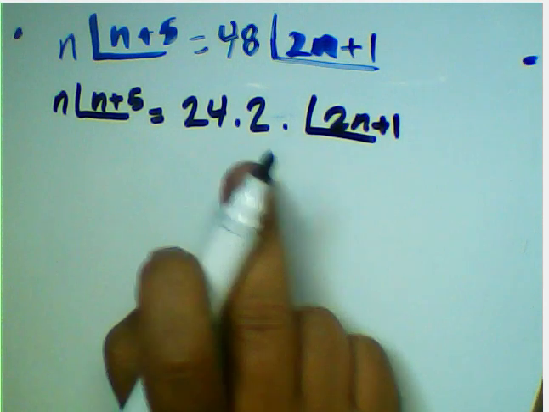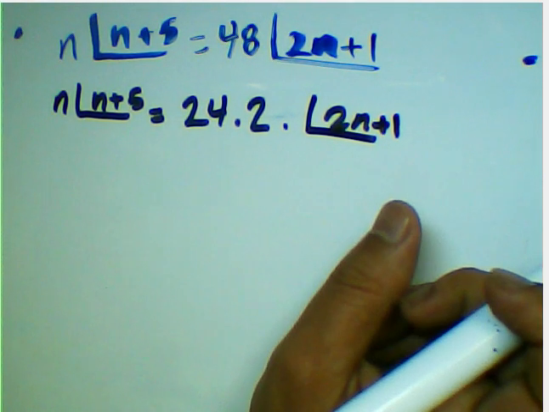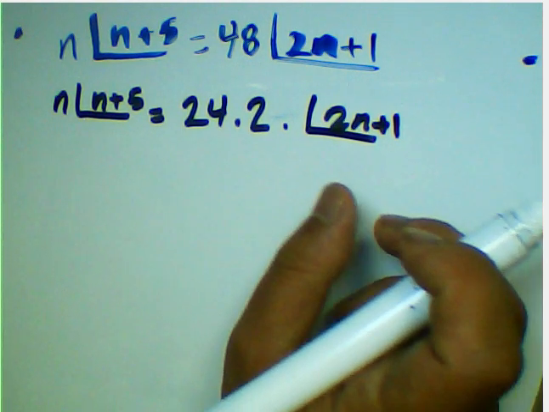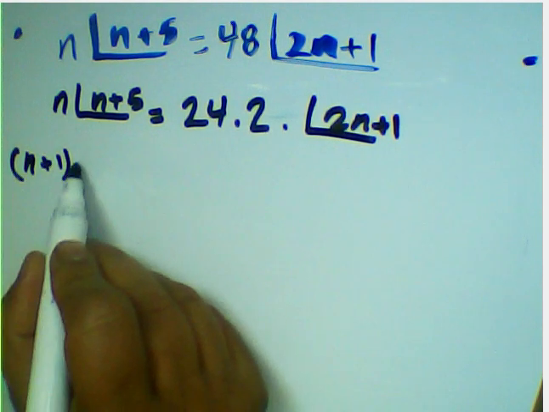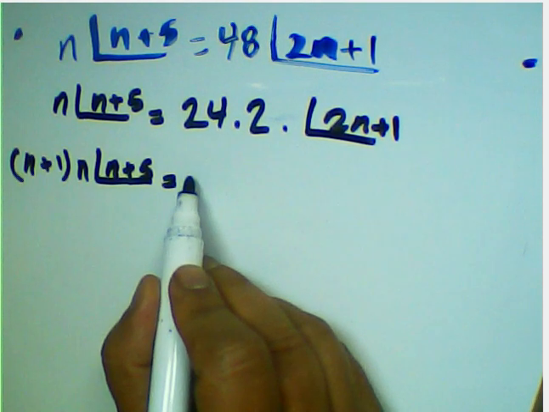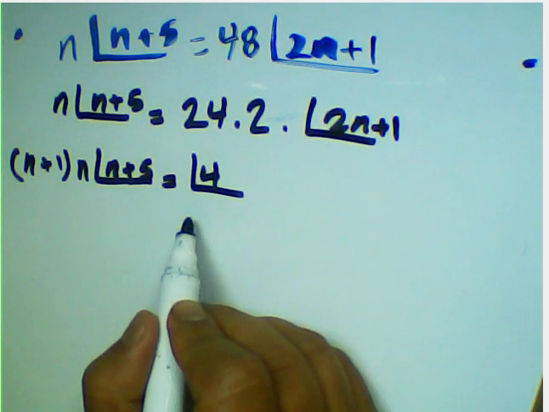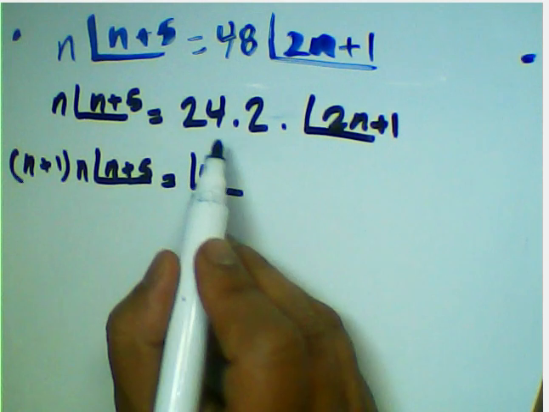We can write 2 inside here by multiplication by what? N plus 1. Multiplication by n plus 1 from left hand side and right hand side. N plus 1 multiplication by n multiplication n plus 5 equal 24. It's factorial of 4. 4 times 3 times 2 times 1 equal 24.